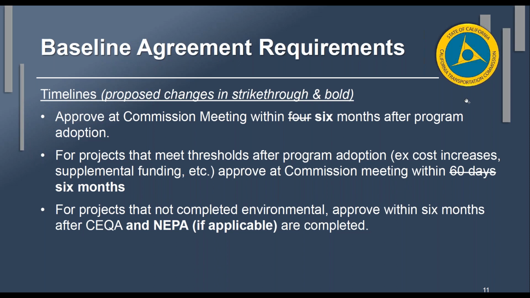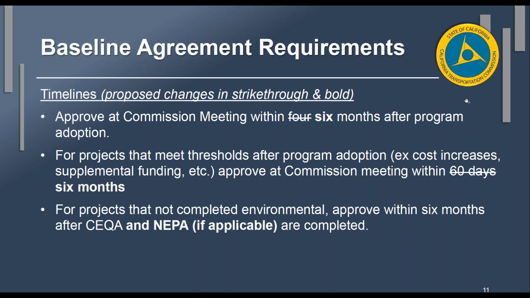Those are instances like where you have cost increases, or there's supplemental funding, like in the Trade Corridors program, where you can potentially have supplemental funding approved through the Caltrans process on the Caltrans projects. The third one is we currently have the baseline agreement required after the CEQA process is completed.